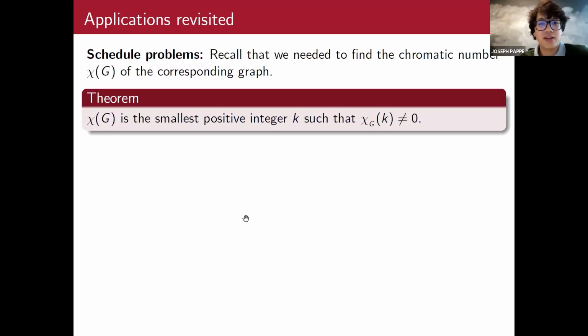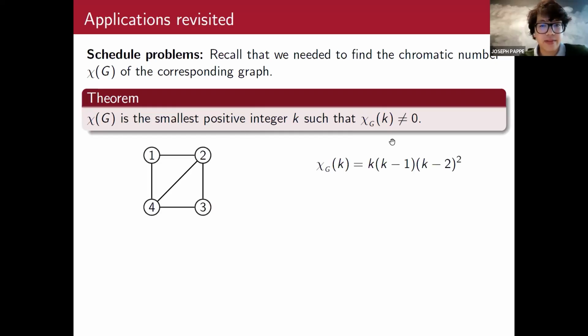And why is that? Well, when we plug in numbers, our polynomial is keeping track of the number of proper k colorings. So if we want to find the minimum possible proper k coloring of our graph, we just need to find the smallest positive number k that's not a root. So for instance, this is our graph that we saw earlier, and we saw that it was k times k minus 1 times k minus 2 squared.